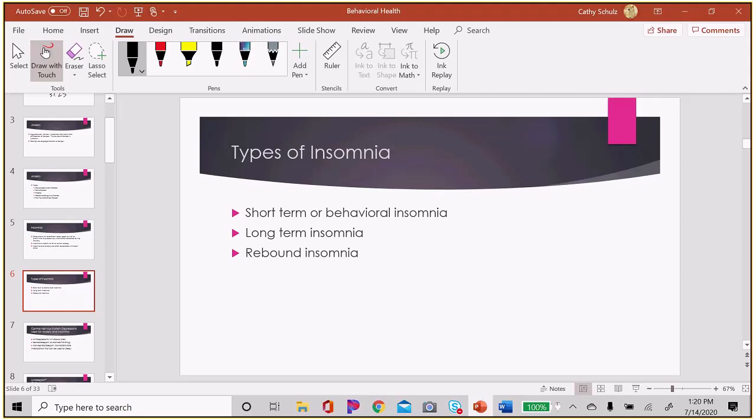And most providers will say that it's really best to avoid medication treatment for insomnia because those medicines become, I don't want to say addictive, it's just that you can't sleep, your body becomes used to them. You have a physiologic dependence on them, is the word I was looking for.